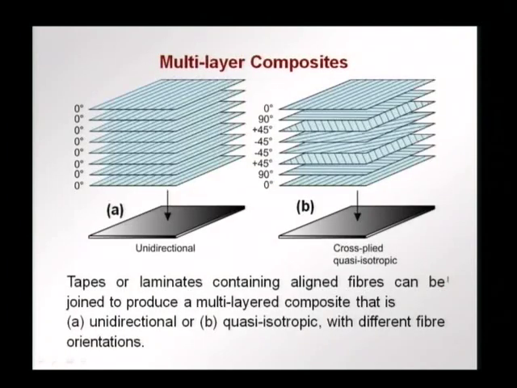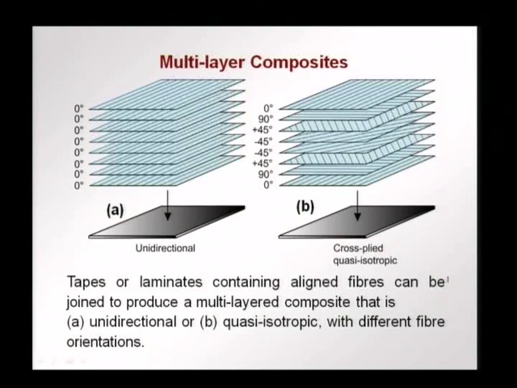We can have multi-layer composites, just like we saw in the case of plywood. Remember, in plywood we looked at plies being put one on top of the other to make up the thickness of the plywood, and we saw also that in some cases there were cross plies. There were different angles in the grains, and that makes up the composite, or in that case plywood.